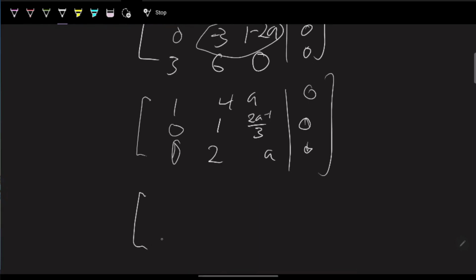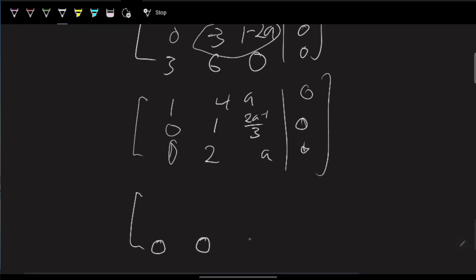So then the third row becomes 0, 0, A minus 4A minus 2 over 3. 0, 1, 2A minus 1 over 3. And then 1 and 0 minus 4.